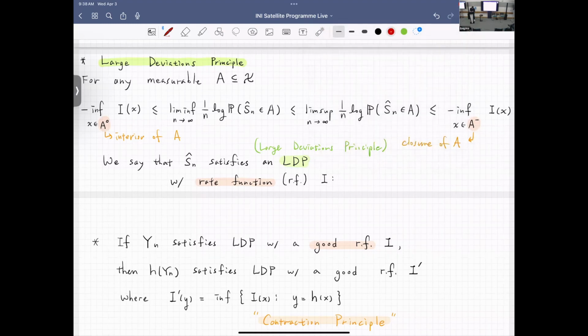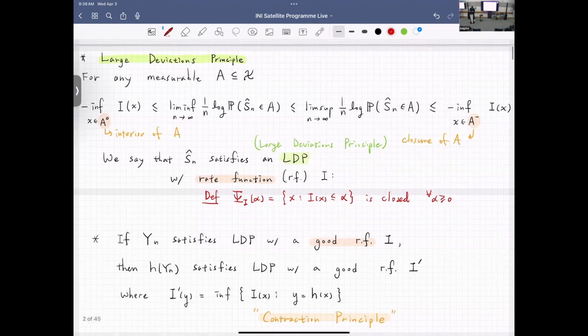The definition of a rate function is that the sub-level set is closed for all alpha non-negative, where I is a function from the space X to non-negative real numbers. I more or less encodes the rarity.